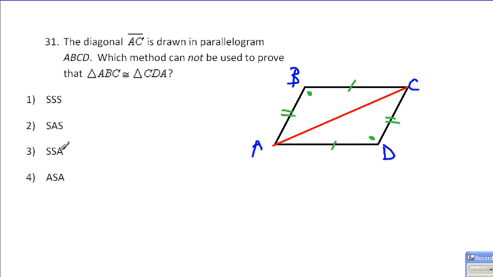How about SSA? That is not possible because, as you will realize next year, this will lead us into the ambiguous case. Hence, we cannot use this to prove the two triangles are congruent, because sometimes it leads us into two different triangles with the same condition.